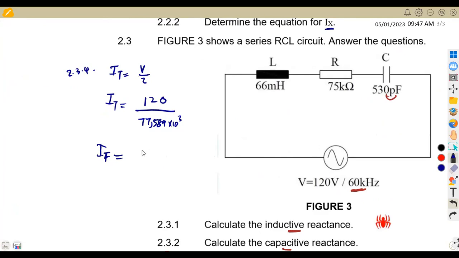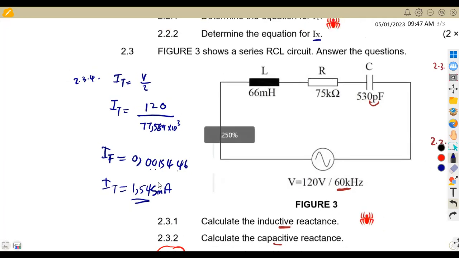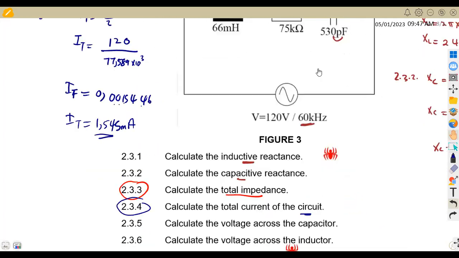We are going to obtain something like 0.00155466 and so on. If we convert to milliamps, just to make sense, guys, we multiply by 1,000, and we're going to have 1.545 milliamps. So this is the total current.